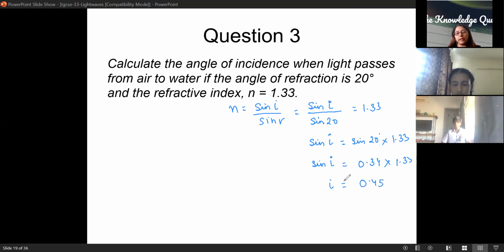Okay, and then you will do sine inverse of this, isn't it? Yeah. Tell me the final answer, the value of I. I'm getting 26.74 degrees.